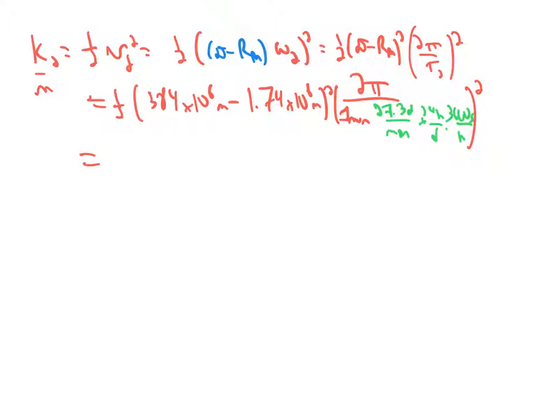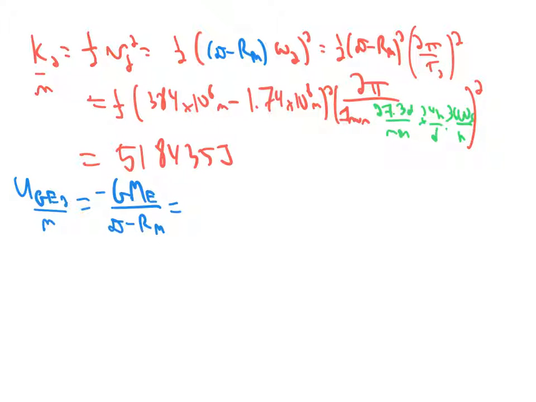And you get kind of this mess, remembering that the period now is 1 month, and there are 27.3 days in 1 month for an orbital month, and so we end up with a number which is 518,435 joules.